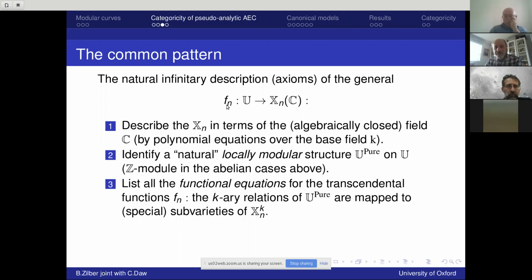And so these functional relations say that certain algebraic relations here correspond to special subvarieties inside here. So this is what you say in your axioms, and you would expect that these axioms would determine the structure uniquely up to isomorphism. So that's what is interesting. Okay.